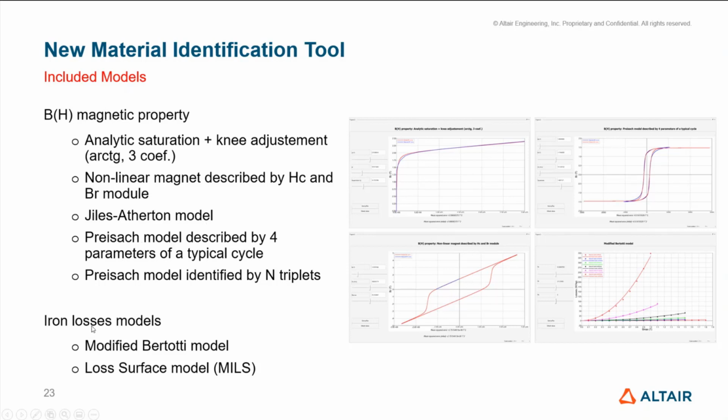And for the iron loss computation model, by using the identification tool, nowadays 2 models are supported, including the modified Bertotti model and also the LS, the Mills method here.